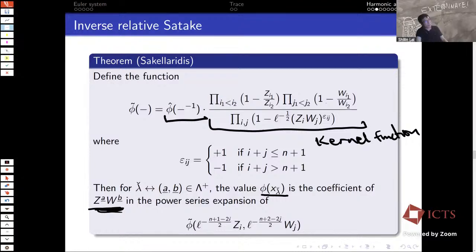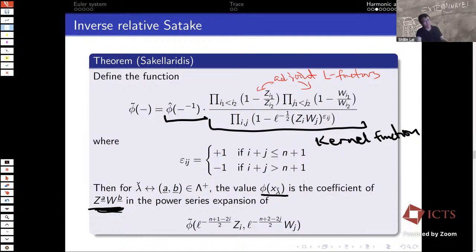In the numerator, you see a bunch of adjoint L factors. They are products of things like 1 minus alpha check, where alpha runs over all positive roots, not just simple roots, all positive roots.